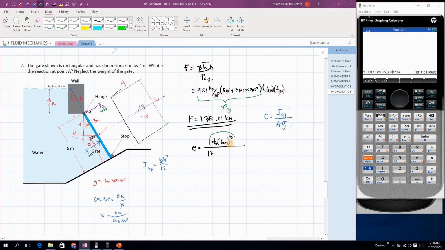So ito yung ating ICG over area, area natin is 4 meters by 6 meters. Okay? And ating Y bar. So ano yung ating Y bar? So Y bar again from centroid along the plane papuntang liquid surface. So that is yung distance x plus itong 3 meters. So yung distance x natin is 3 meters over cosine 30, okay, plus 3 meters. So we can solve for distance E.